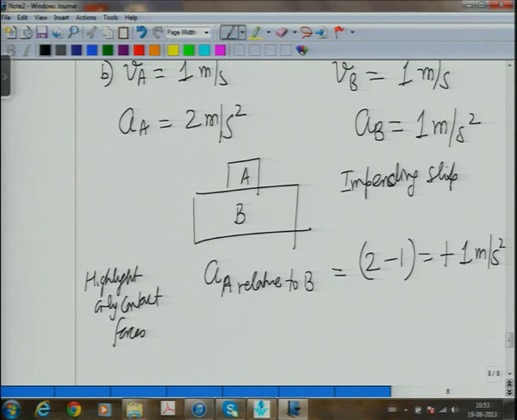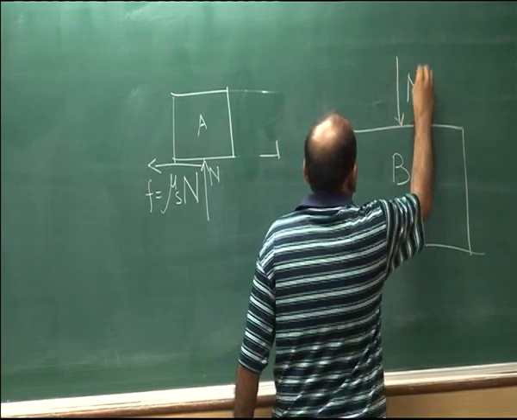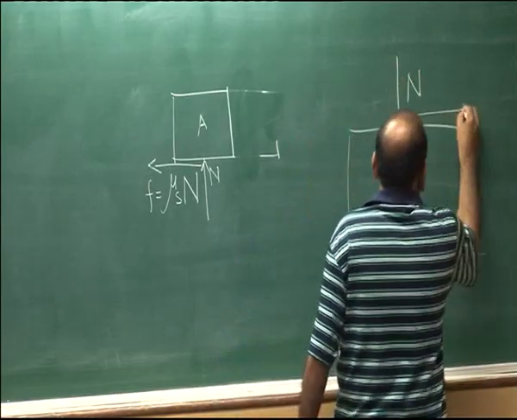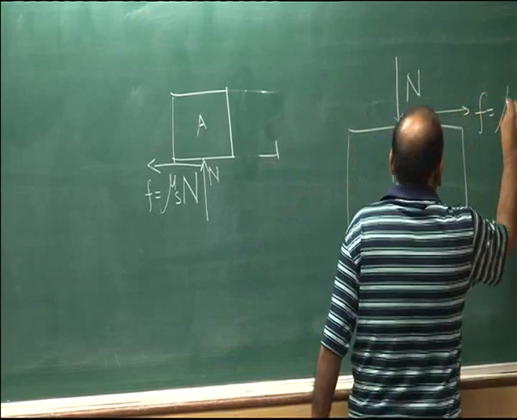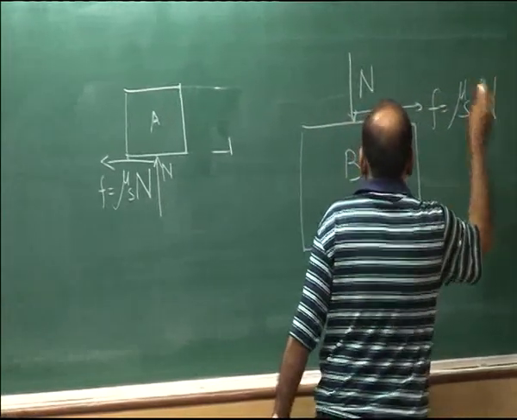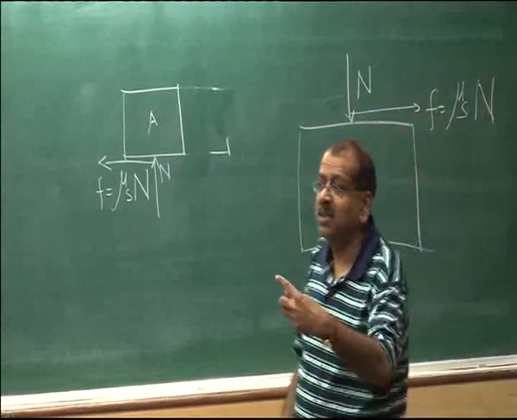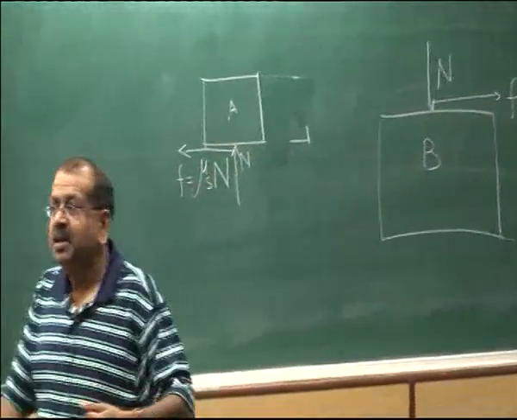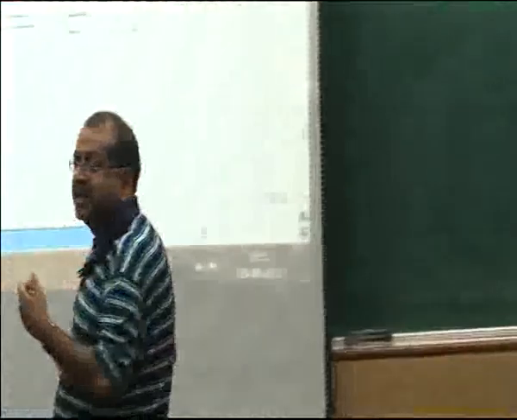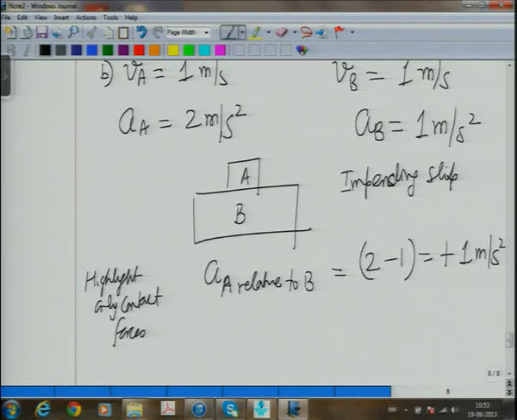And when I draw the free body diagram of block B, I will get a normal reaction at the top, and here this friction force is equal to mu s N. And what you realize is on block B, the friction force is acting in the forward direction.